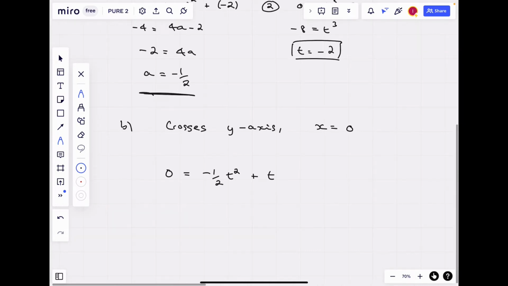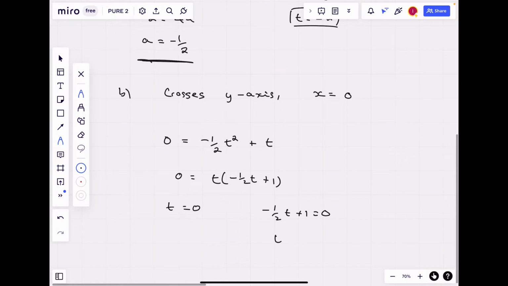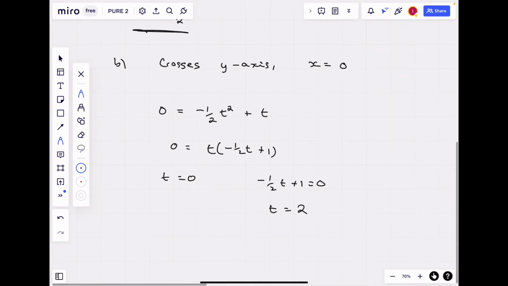So, to work out t, you can factorize. Like this. So that means t equals 0 and minus a half t plus 1 equals 0, so t equals 2. You can work out the y coordinate when t equals 0 because you already know x is 0.